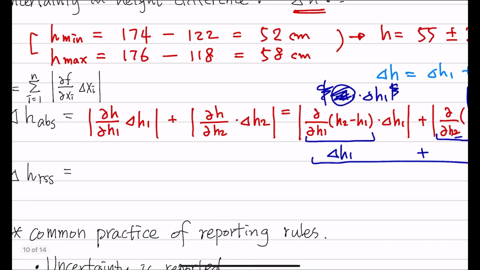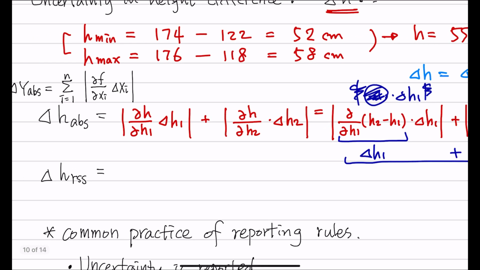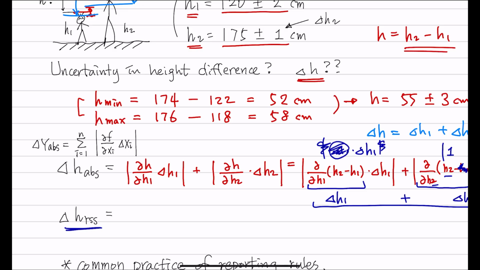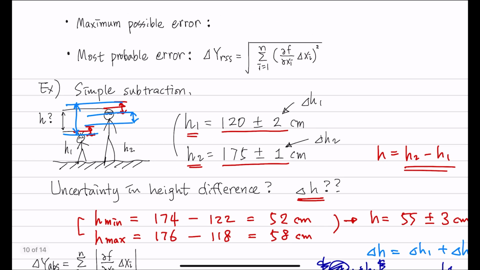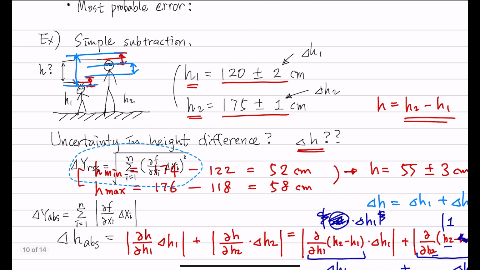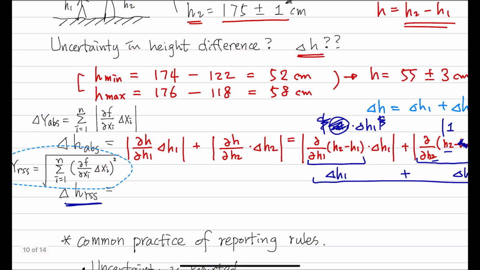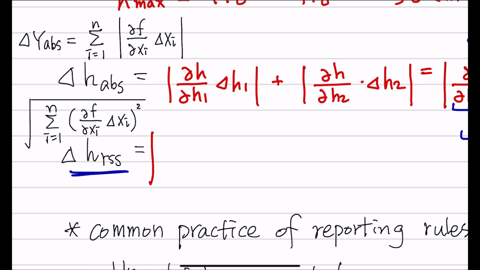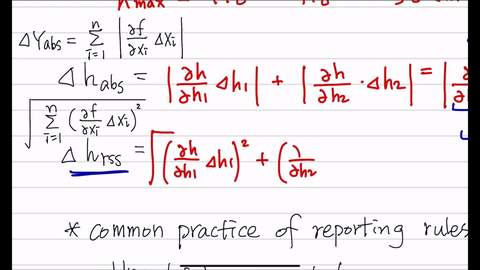Okay? And let's try the other case where we're trying to find this RSS, the most probable error. Let me just move this thing down there so that I can take a look as well. Big square root, and inside there we're going to have delta H over delta H1 being squared plus delta H over delta H2 being squared, like that.